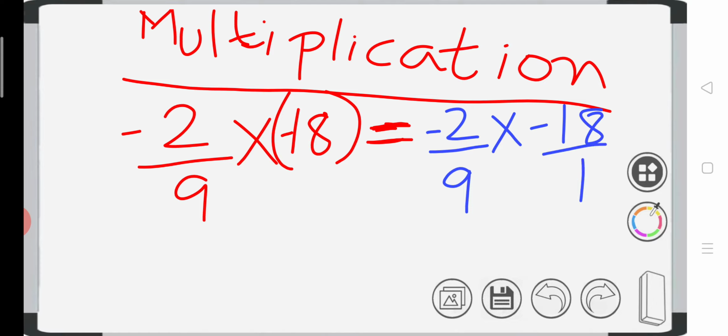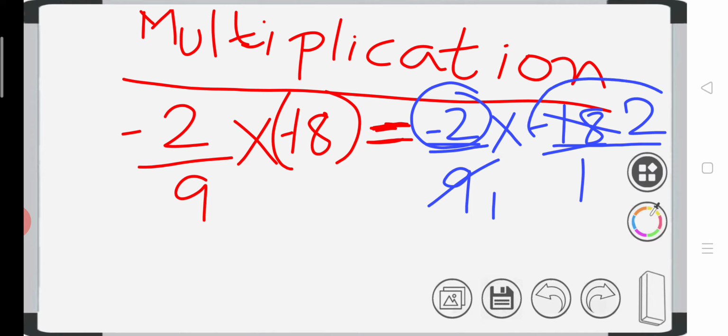Okay. Now this 9 and 18 will be cancelled out, so you can cancel 9 1s are 9, 9 2s are 18. Now in the numerator, here you can see it is minus 2, here it is also minus 2. So we will multiply minus 2 and minus 2.